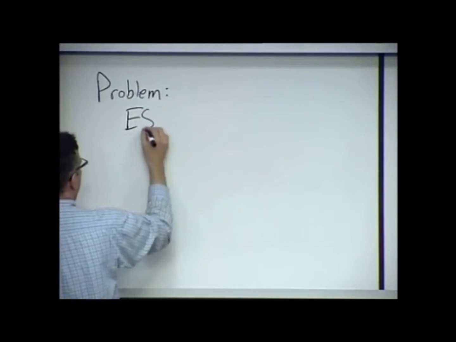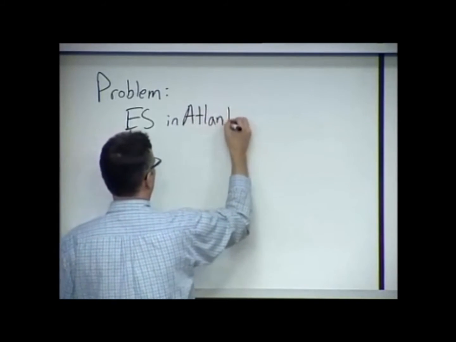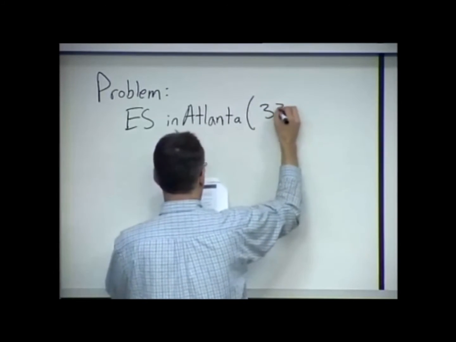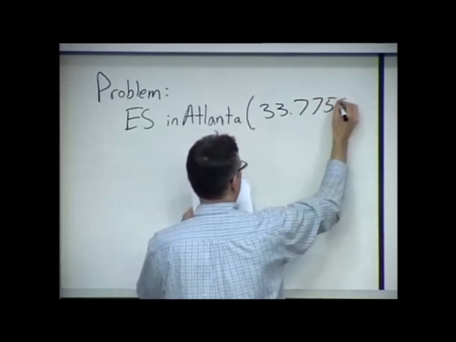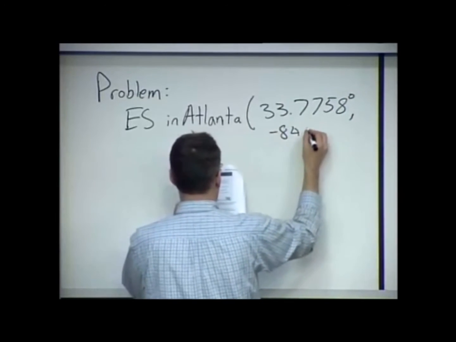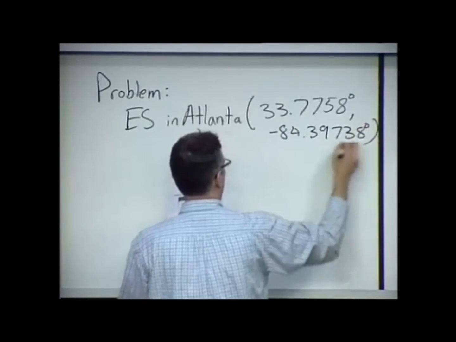Earth station in Atlanta on the roof of Van Leer, which we just said was 33.7758 degrees latitude and negative 84.39738 degrees longitude.